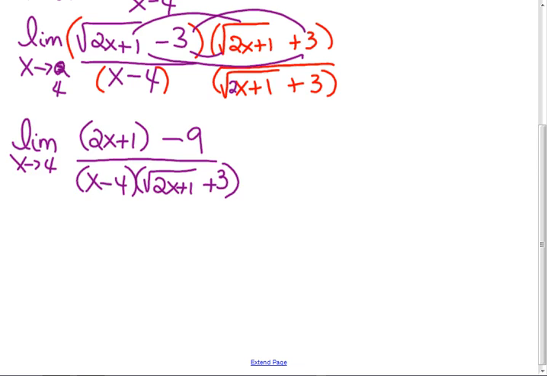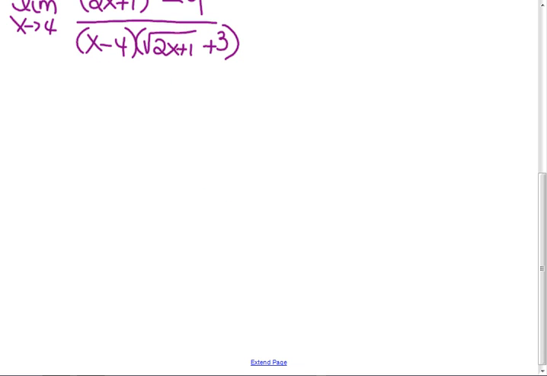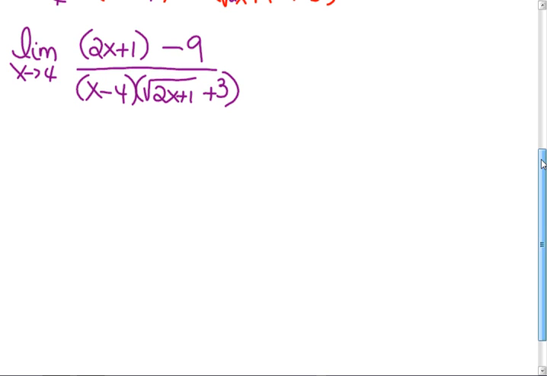And then I can't think of anything to do but to simplify that numerator. It's not that bad. What's that going to give us? The limit as x approaches 4, it's 2x, what? 1 plus 1 minus 9 is minus 8. You still have the 0 over 0.